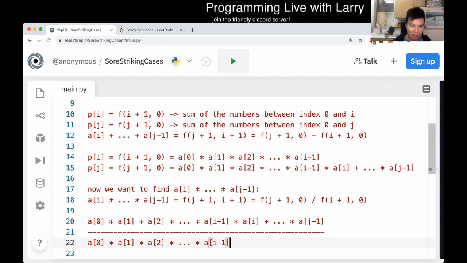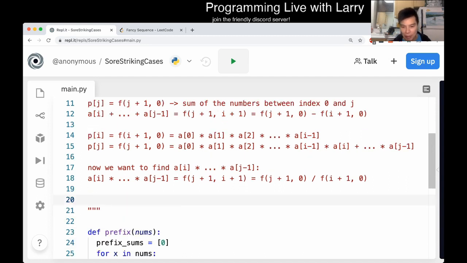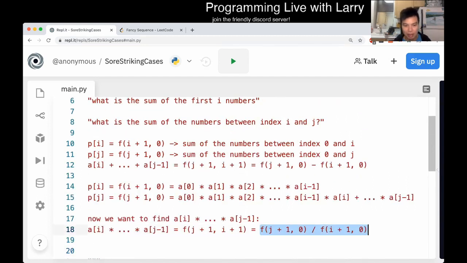Well, this cancels out because a sub 0 over a sub 0 is just 1. This cancels out, this cancels out, and then dot dot dot, and everything cancels out except for this, right? So that's how we come up with this formula, and that's how you would do the inverse prefix sum.